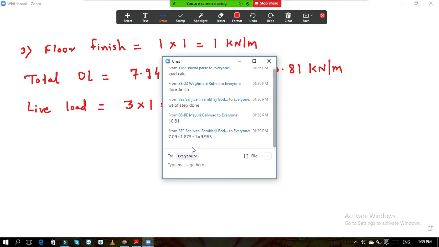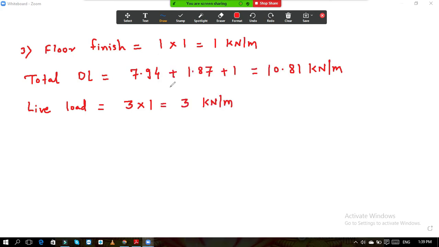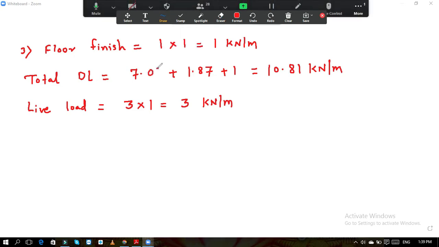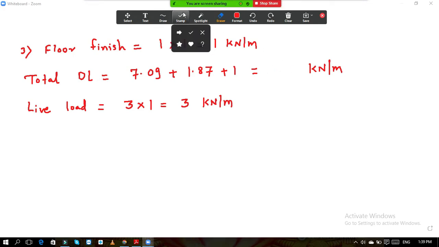So the answer is 7.09 plus 1.875 plus 1. 7.09 was the weight of the slab, or is it 7.94? See, I don't have the 7.09. So this value is 7.09, and then this answer will get changed.